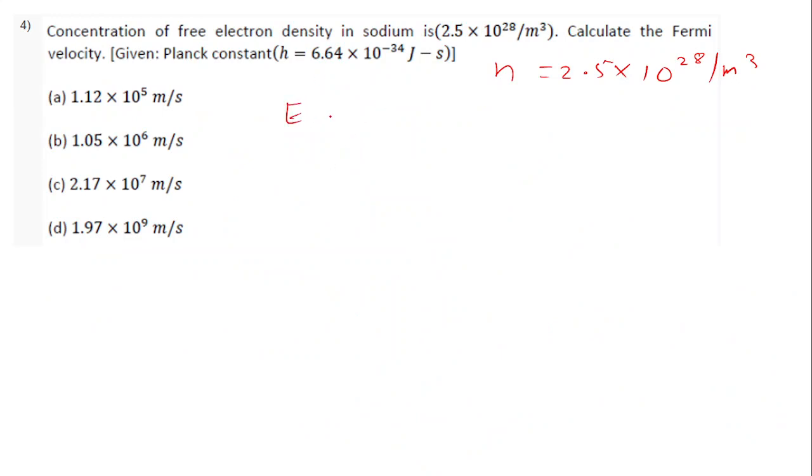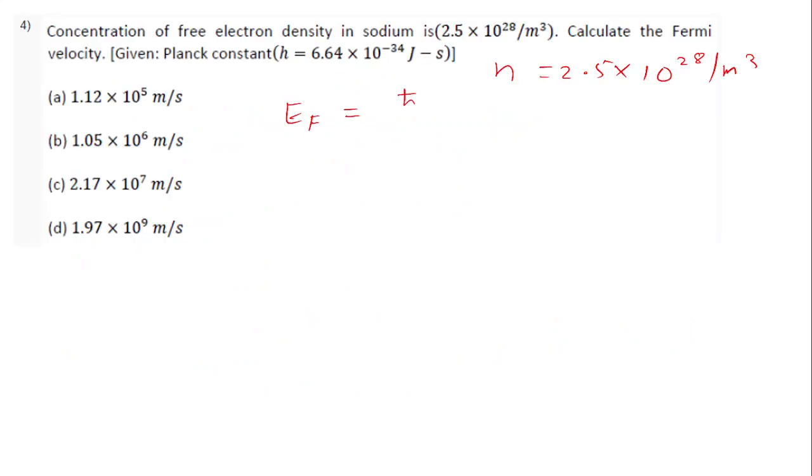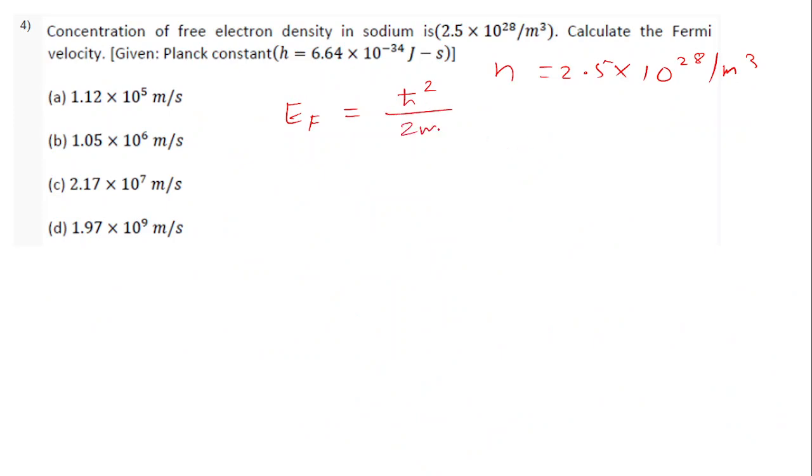The Fermi energy will be equal to h bar square divided by 2m, multiplied by 3 pi square n to the power 2 by 3.